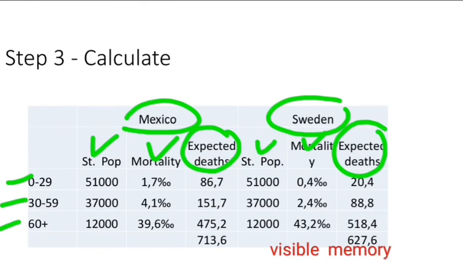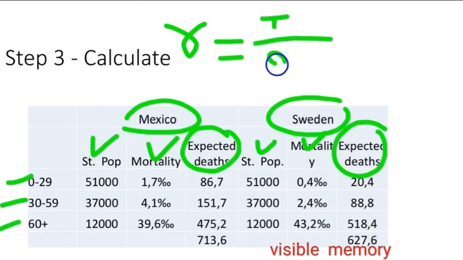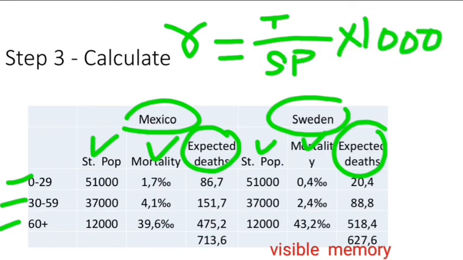You know the formula for the death rate is equal to the total number of deaths over the mid-year population, which would be the standard population, multiplied by 1000. So to calculate the total number of deaths, you have to multiply the standard population by the death rate and divide by 1000.